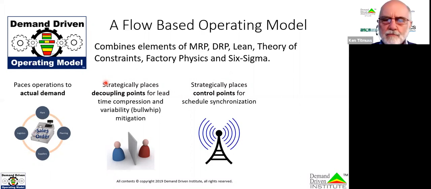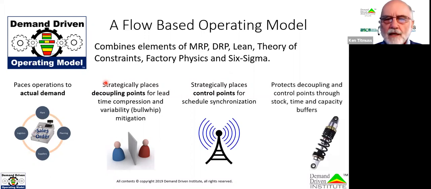These control points would be where material enters the operating model, where it leaves the operating model, where materials come together or where they come apart within the operating model. These are the sort of places where you would put control points. And then at these control points, we want to protect by decoupling the control points by using either inventory buffers, time buffers, or capacity buffers.